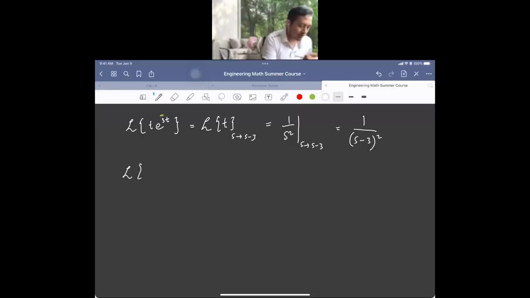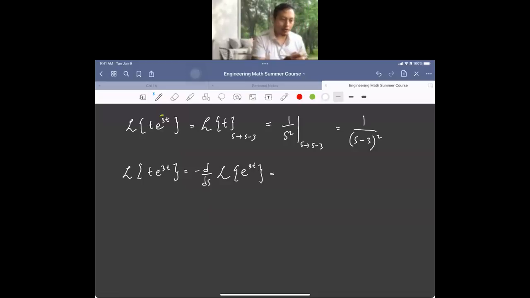If we are going to use the derivative one, we can also do that as well. Remember that this is negative d/ds of the Laplace of e to the 3t. The Laplace of e to the power of 3t is 1 over s minus a, remember, so it's 1 over s minus 3.